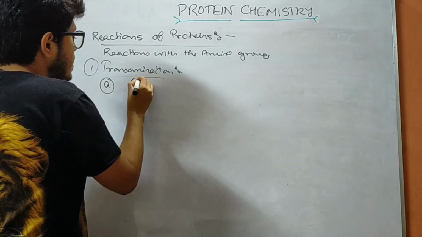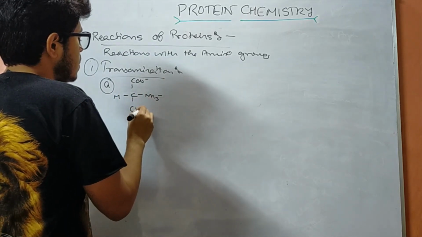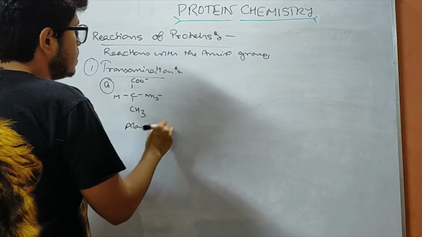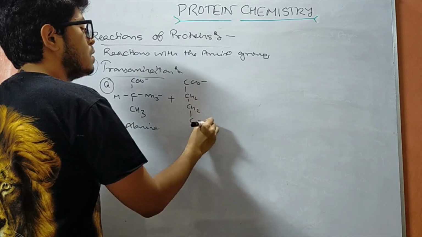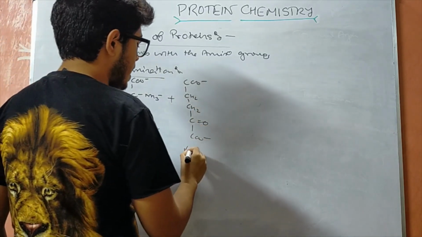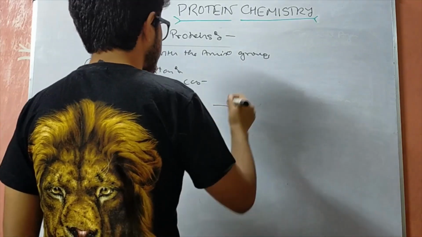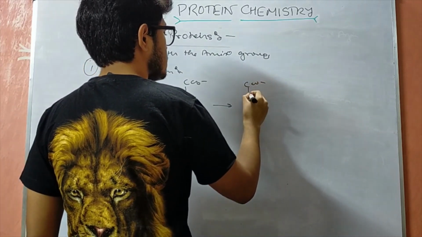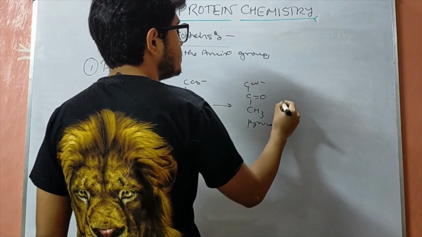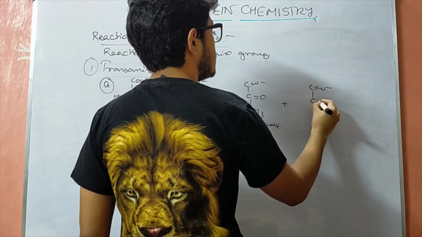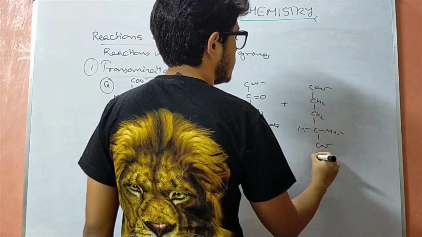One is alanine plus alpha ketoglutarate, which gives pyruvate plus glutamate.